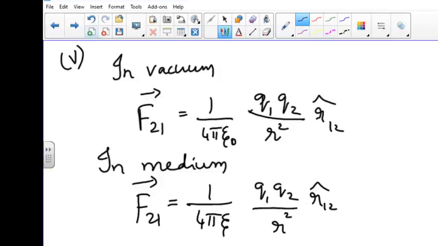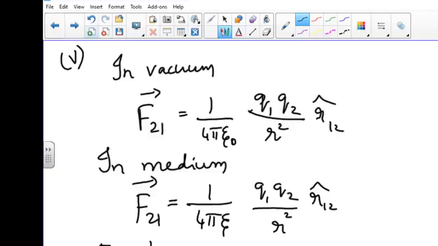Here we have to note that the force is inversely proportional to epsilon, and this epsilon value is always greater than epsilon naught. That is, in a medium, a large number of electric lines of force can pass through when compared to vacuum. Therefore, force is inversely proportional to epsilon.